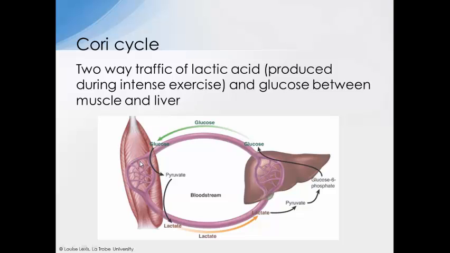This lactic acid can then enter the circulation and be taken up by the liver. That lactic acid can then be taken through the reverse of glycolysis to produce glucose. It can then re-enter the blood as glucose, be taken up by the muscle again, and used to produce ATP for muscle contraction.